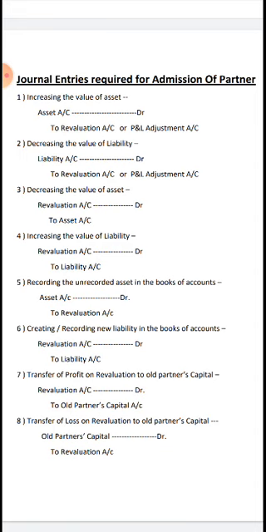So always keep in mind that partners' capital will get either profit or loss, but this is to be given only to the old partners, and the new partner is not getting any benefit out of revaluation account.